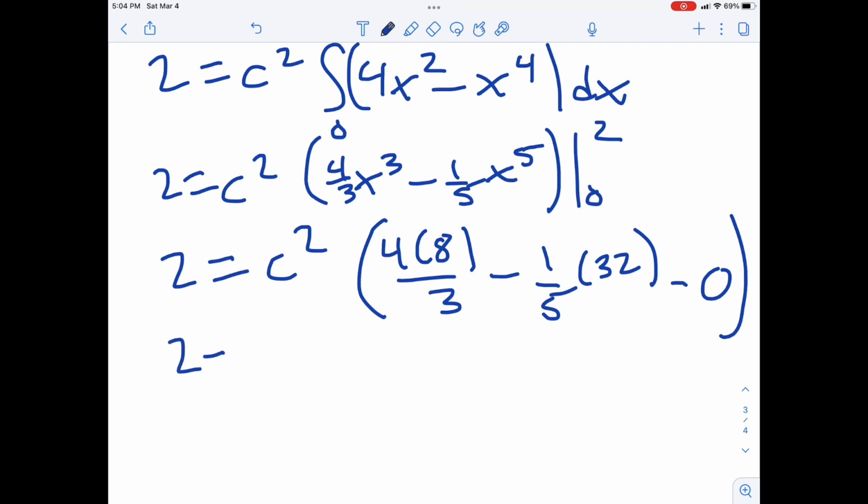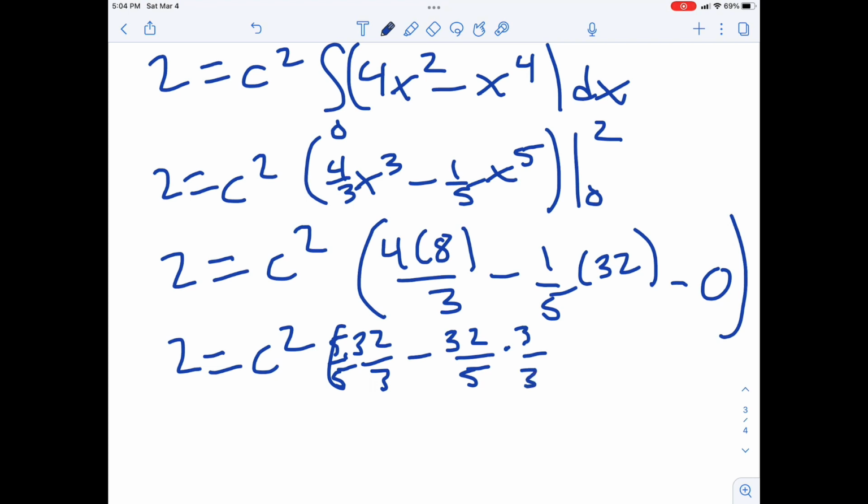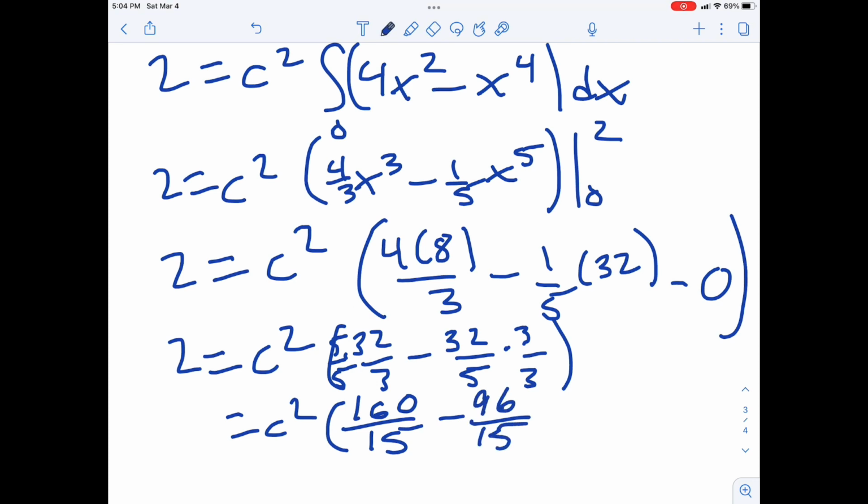So I can say that 2 equals c squared, and then this is 32/3 minus 32/5. I'm going to multiply by 5 over 5 here, then multiply by 3 over 3 here. So I'm left with c squared times 160 over 15 minus, not 19, I meant to write 96 over 15.